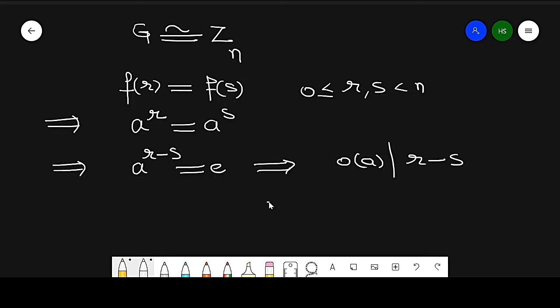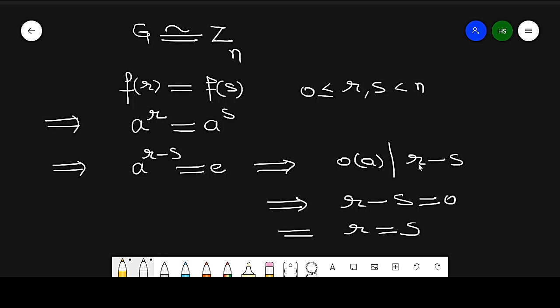This is possible only if r minus s is equal to 0, because the order of a is n, and r minus s is less than n.